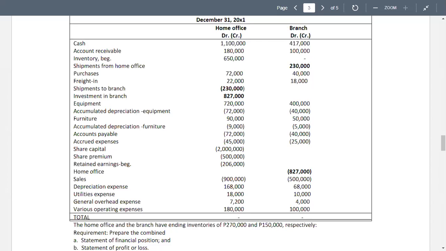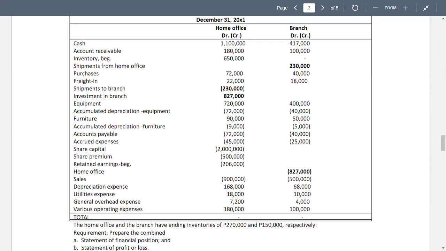Then we go to the combined statement of financial position.